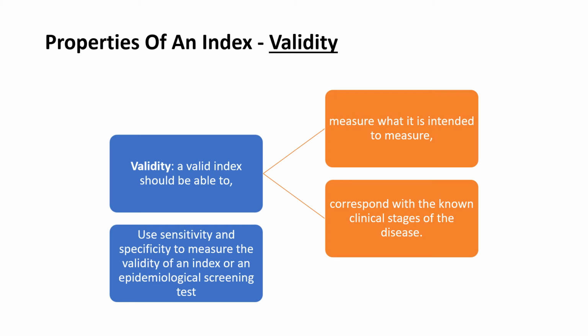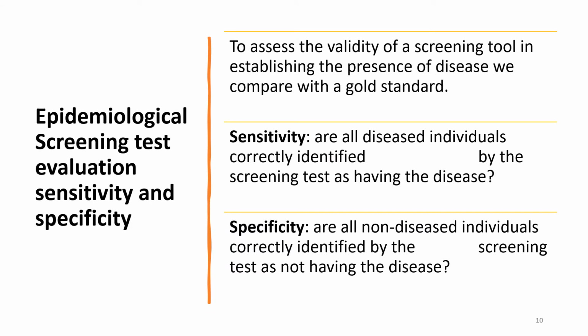Okay, use sensitivity and specificity to measure the validity of an index or an epidemiological screening test. I'm going to explain what that means in the next slide. Now, epidemiological screening test evaluation. When you're talking about sensitivity and specificity, in order to validate a test, this is how it works.